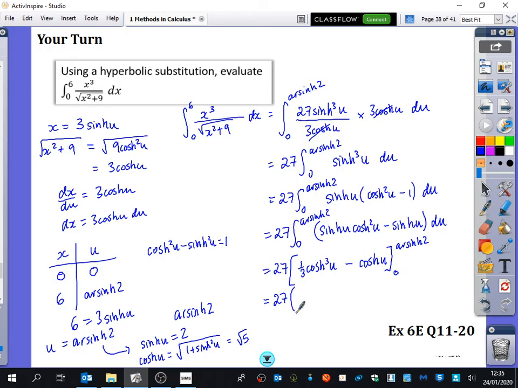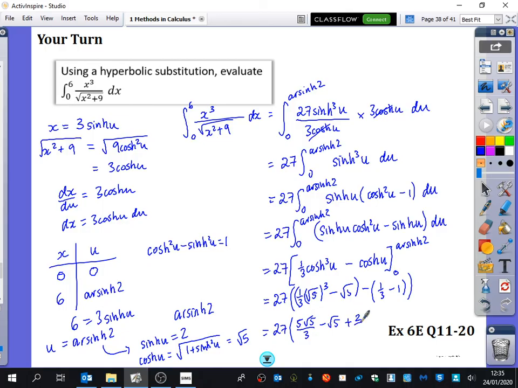Now that's hard. So I get a third times root 5 cubed minus root 5, minus, what's cosh of 0? 1. So a third minus 1. What's root 5 cubed? Root 5 times root 5 times root 5. So it's 5 root 5 over 3 minus root 5, minus 1/3 minus 1, which is minus 2/3.